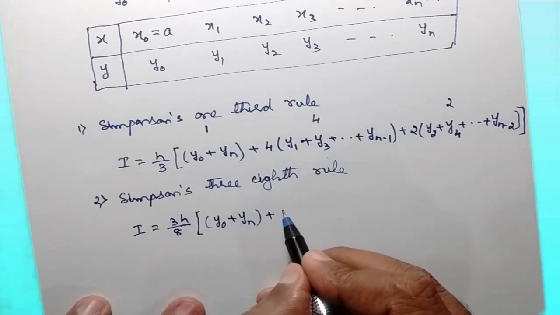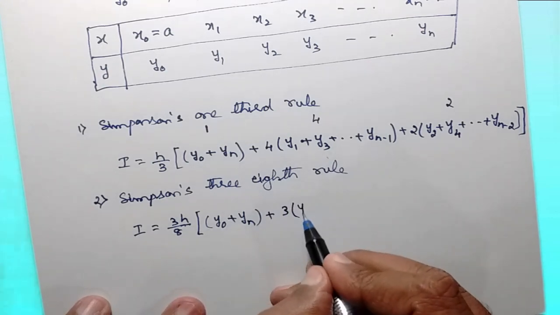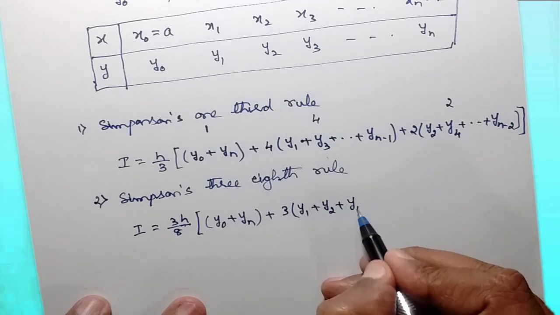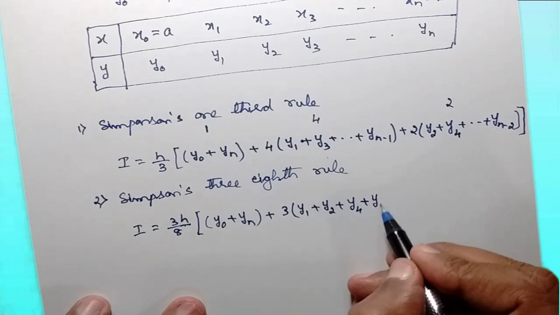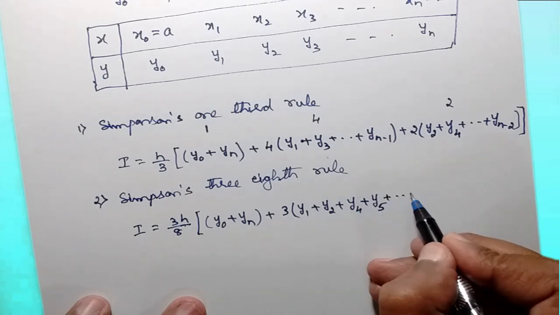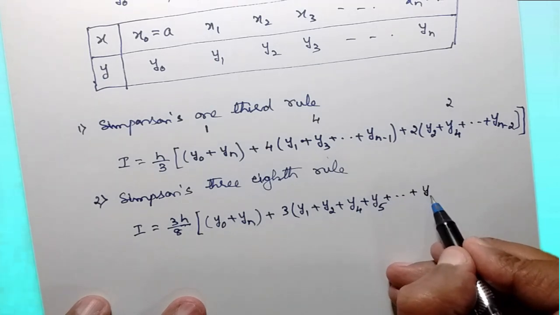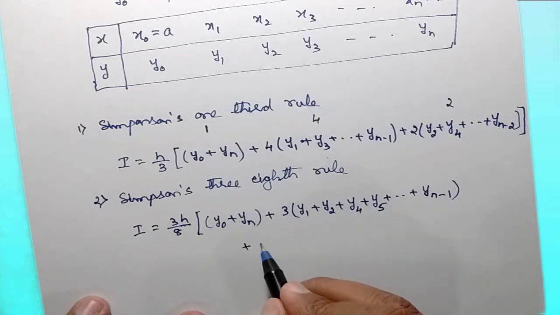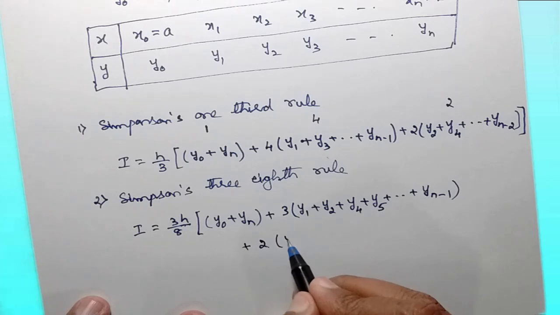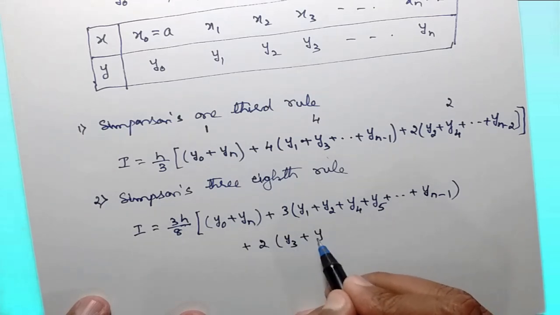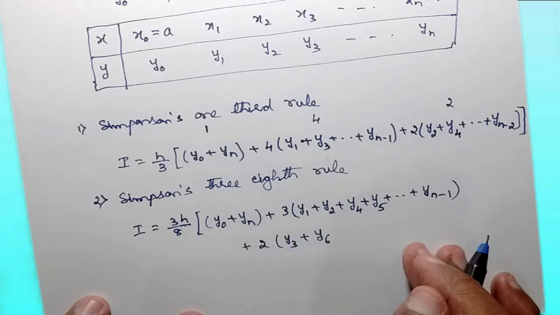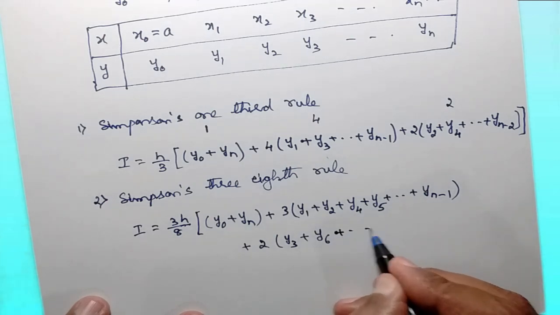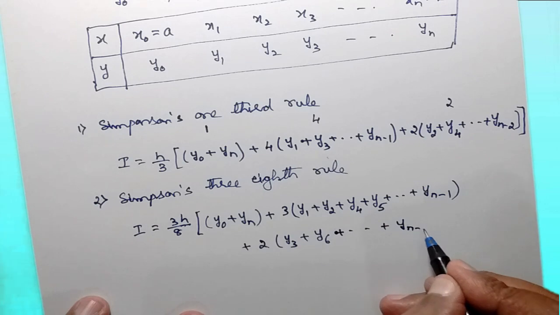Next, it is 3 times of y1 plus y2 plus y4 plus y5 and so on, plus yn minus 1, plus it is 2 times of y3 plus y6 plus so on, plus yn minus 3.